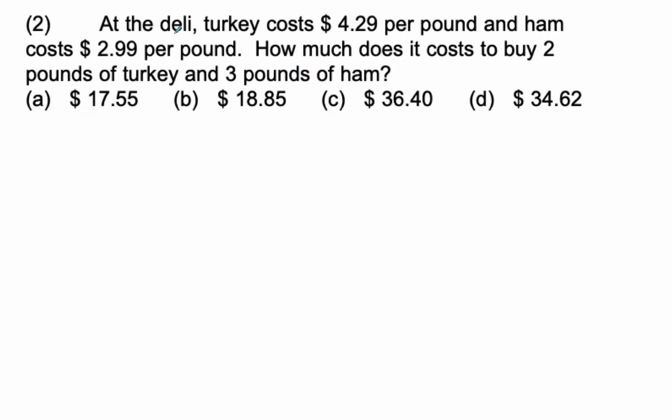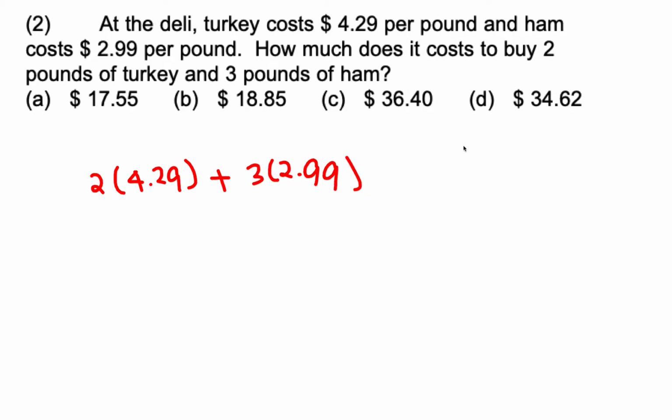Number 2, at the deli, turkey costs this much per pound and ham costs this much per pound. How much does it cost to buy 2 pounds of turkey and 3 pounds of ham? So we get 2 times 4.29 plus 3 times 2.99.